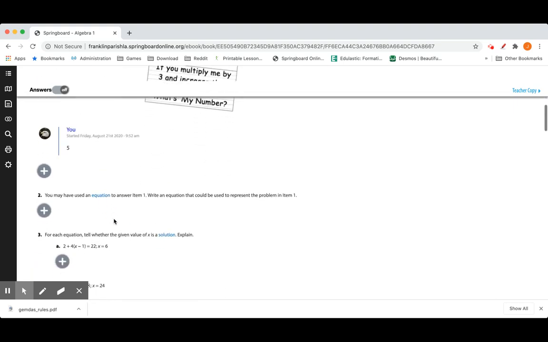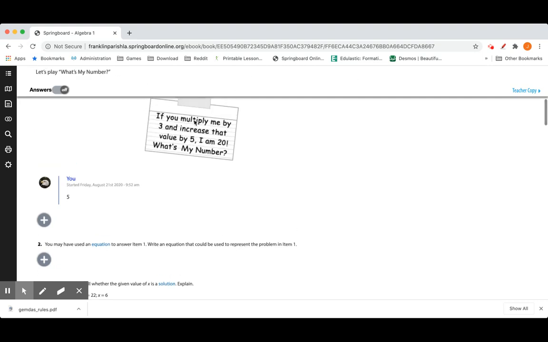Number 2 says you may have used an equation, although I didn't. We used the guess and check method to answer item 1. Write an equation that could be used to represent the problem in item 1. So let's look at the words they give us. You multiply me. Now we don't actually know what me is, so that's going to be our unknown.